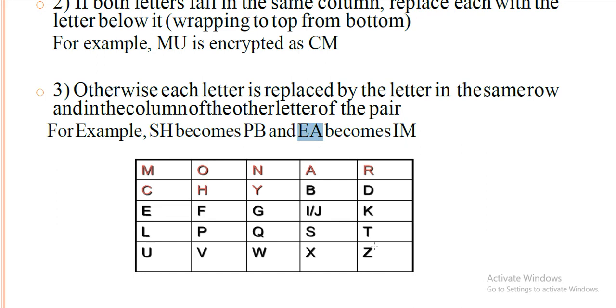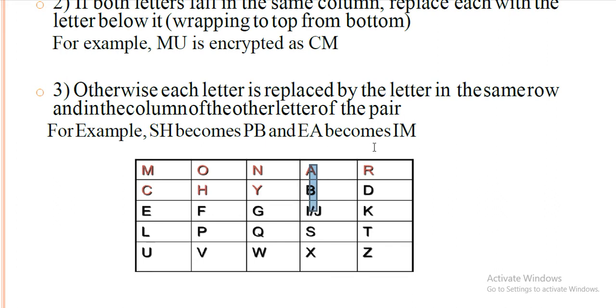EA. First we need to find where e is and where a is over here. Both are not in the same row or same column. So how are we going to find it? First we go for e. We need to go for the intersection of e and a. So we take the row for e and the column for a, and we find ij.